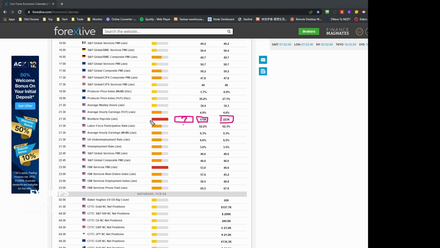So this is something of a question mark here. The main thing is that the non-farm payroll is something you need to look at. It comes out at 9:30. Price might not move until after this news is over. However you trade, just follow the candles. Make sure the candles close above or close below. Make sure this candle closes before you make any decision to trade, otherwise you'll be caught in a spike.